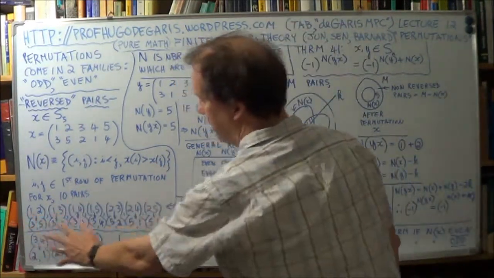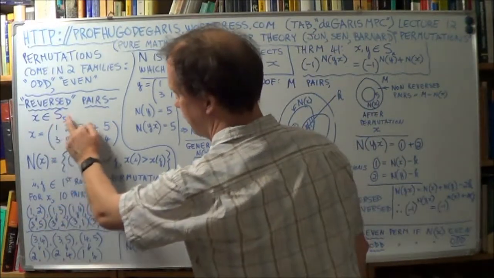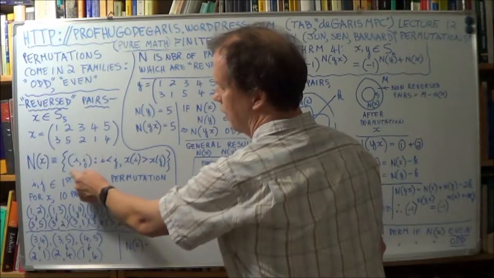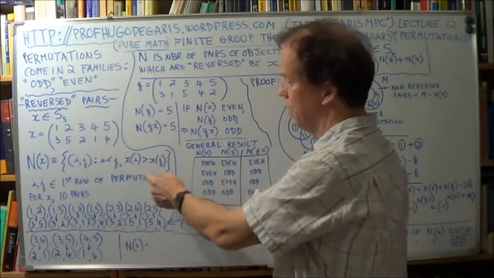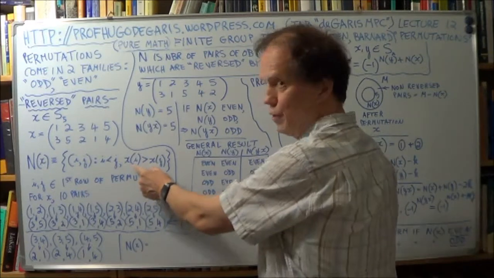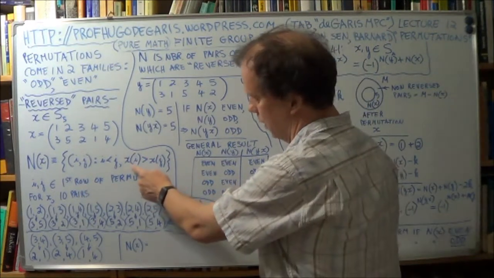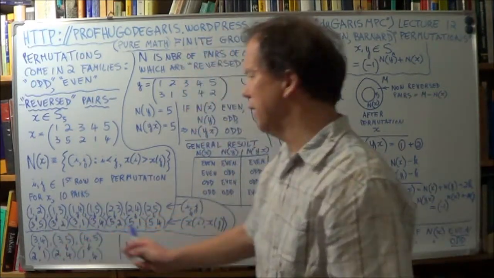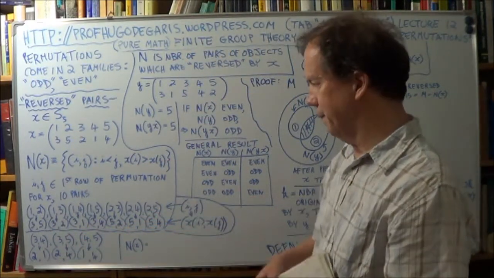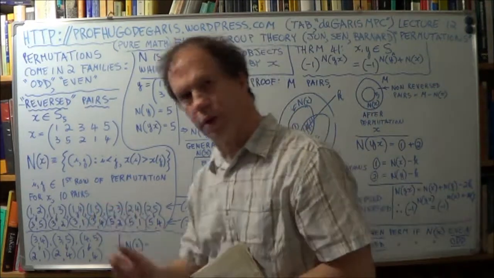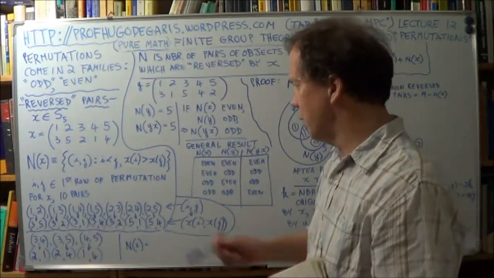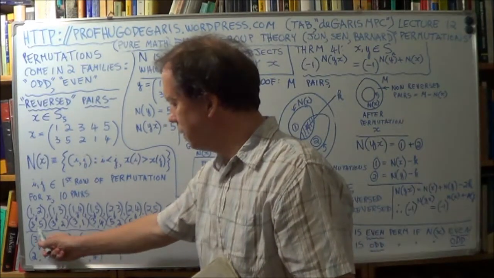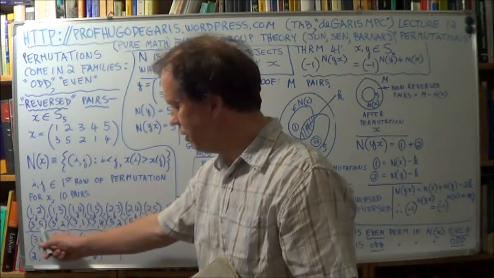And then for all pairs, all 10 of them, for this case, you form the set of the pairs i j where you get this reversal of the order, where x of i is larger than x of j. So let's look at these 10, and I'll put a big dot at the cases where x of i is larger than x of j. Is x of i greater than x of j here?